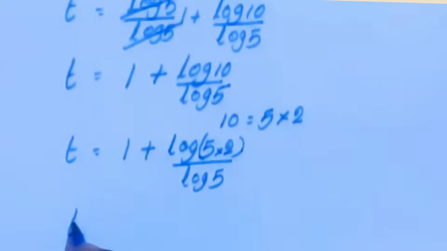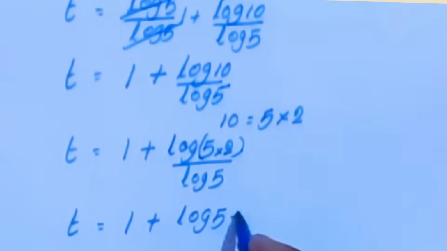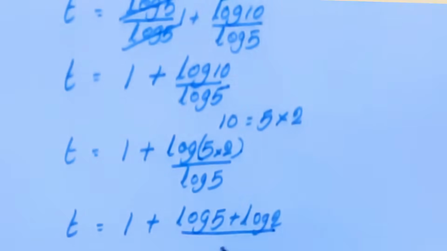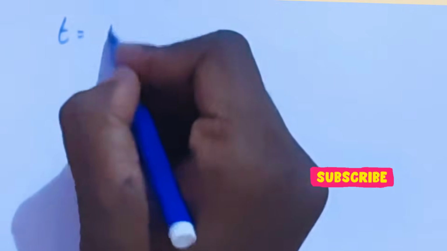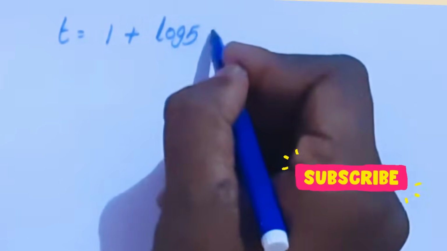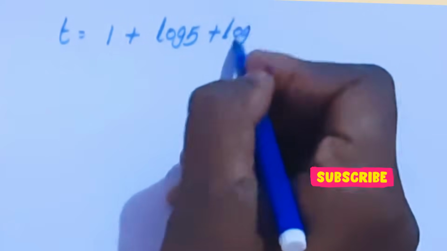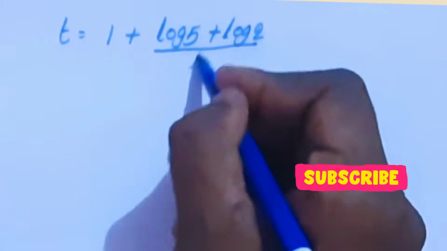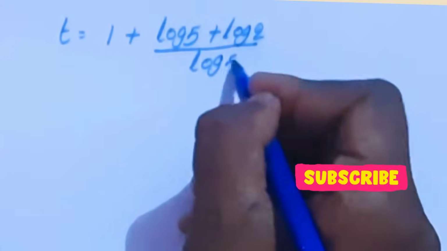So we'll get t equal to 1 plus log 5 plus log 2 by log 5.